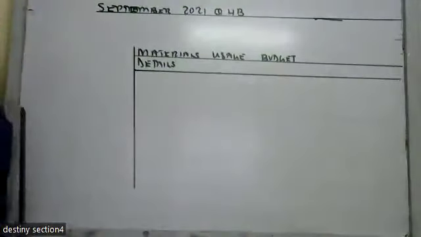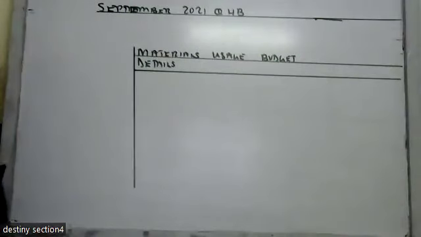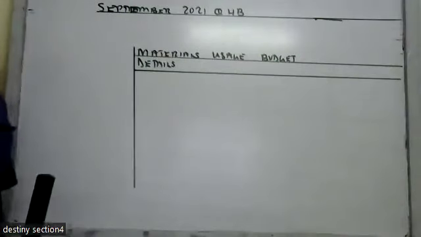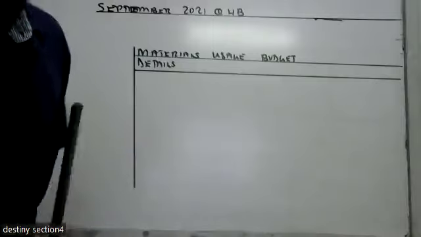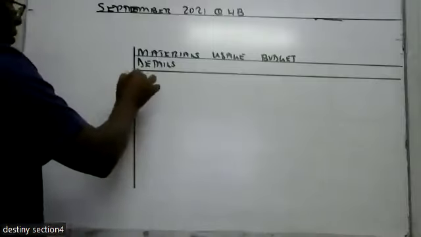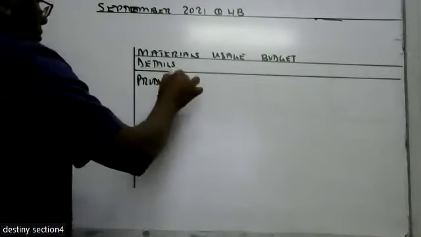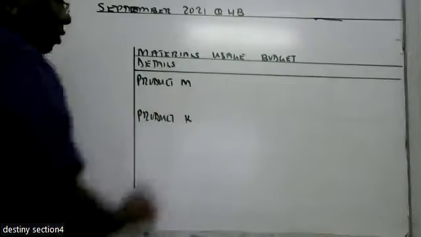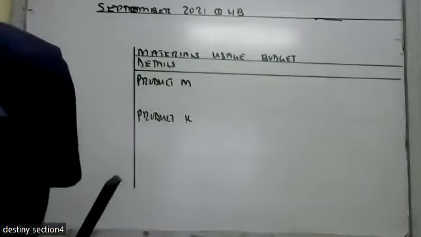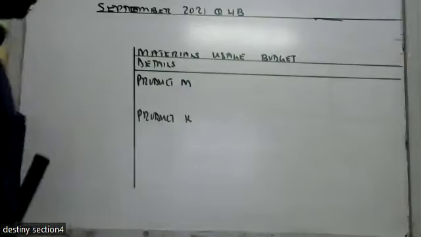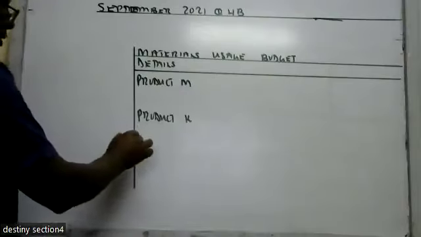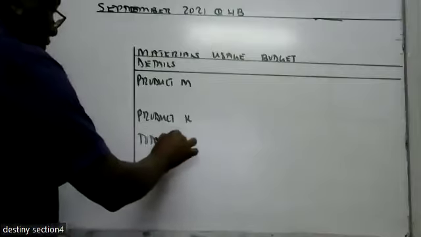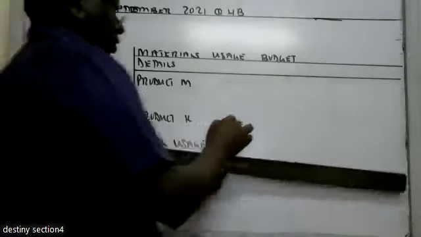What I normally advise, because of the workings, is to leave these columns so that we can accommodate the workings without congesting. We have 2 products that use materials, product M and the other product K, on their own lines. Then we shall have total usage.